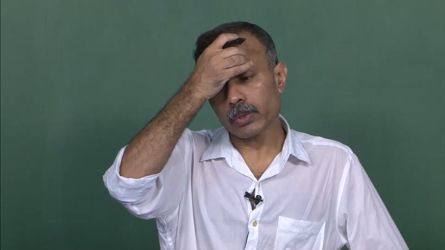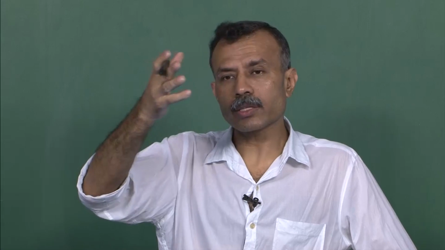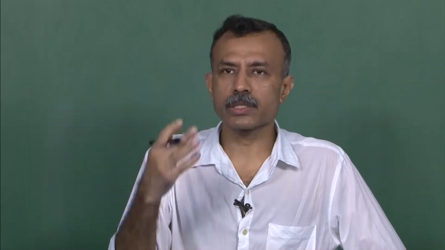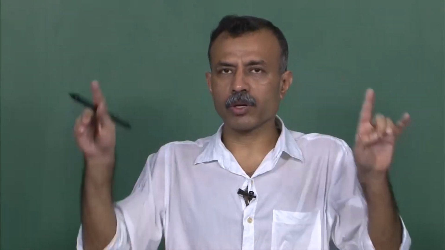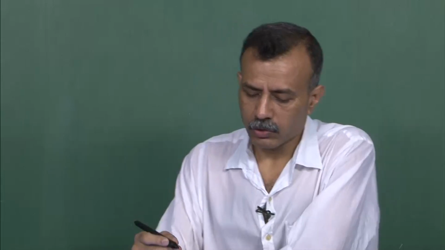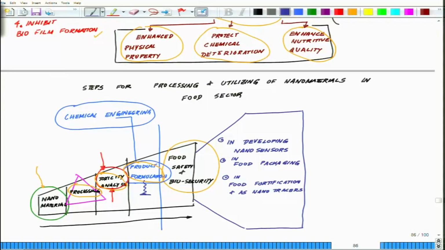So, it is not something we are doing out of the world, it is already there, we are just making the spectrum bigger. So, okay, talking about developing the nanosensors in food packaging and in food fortifications, these are the areas where one has to be careful.